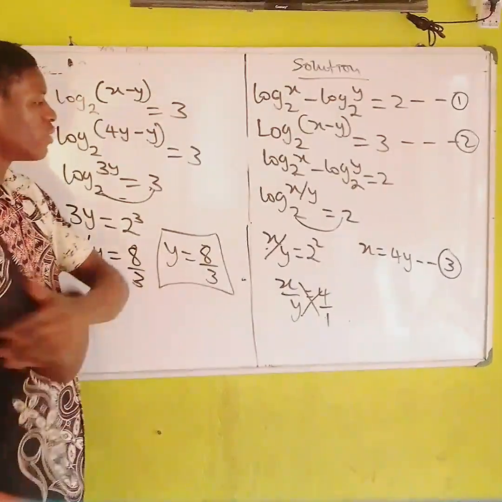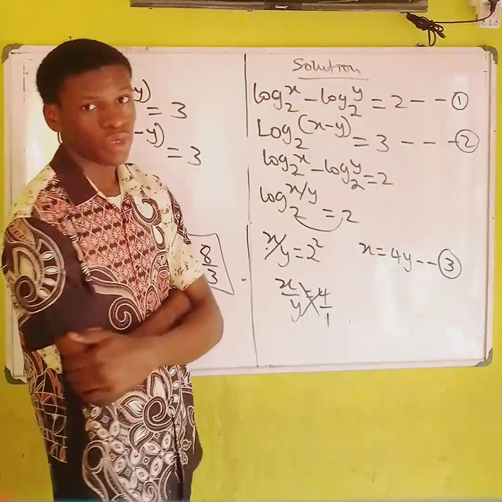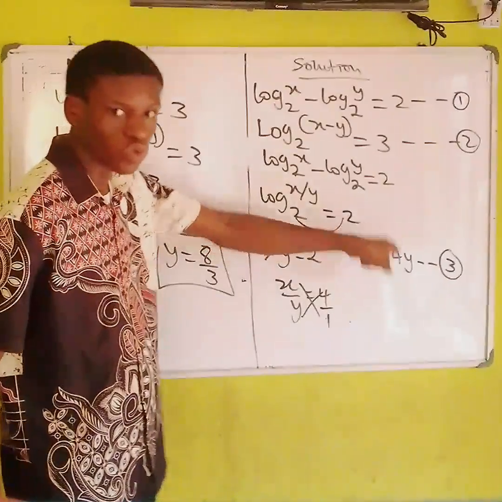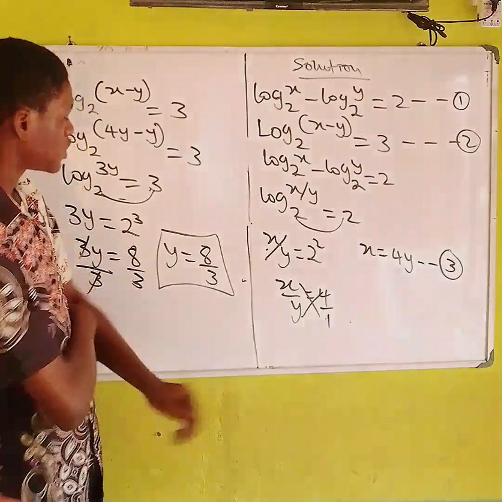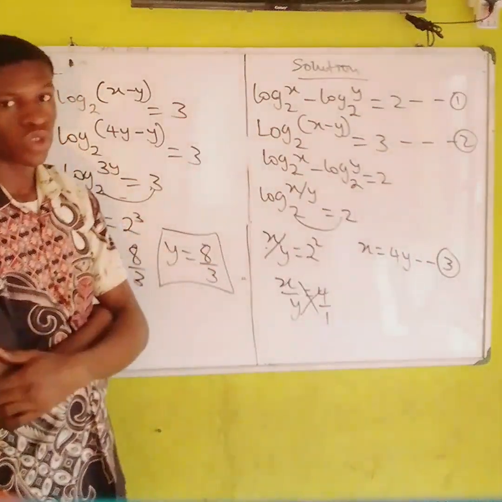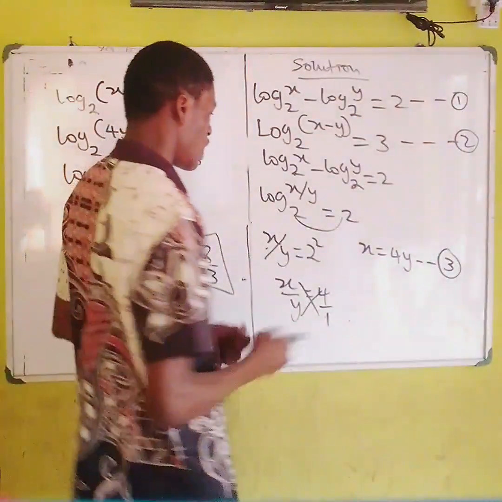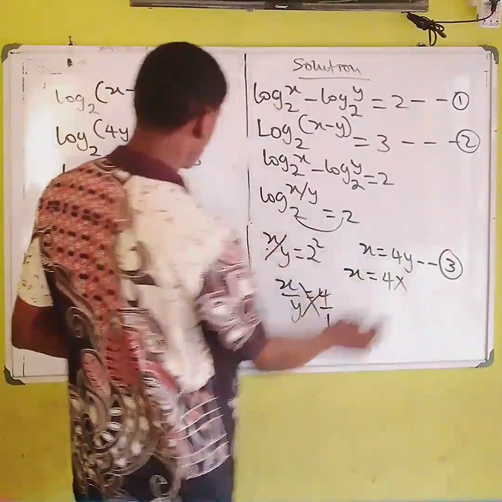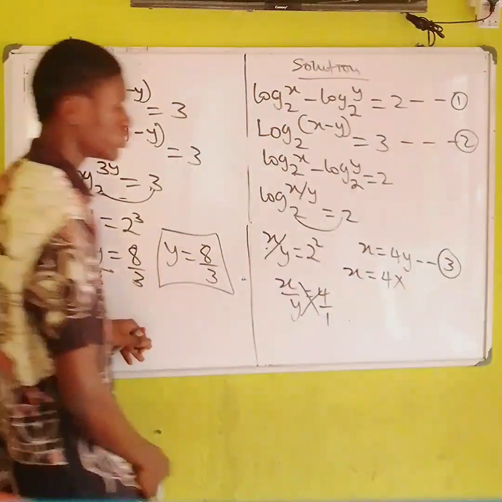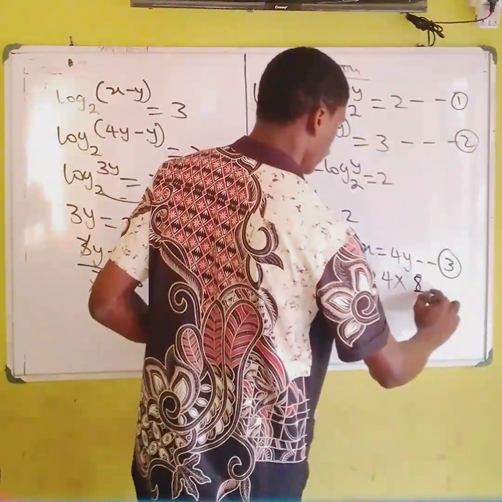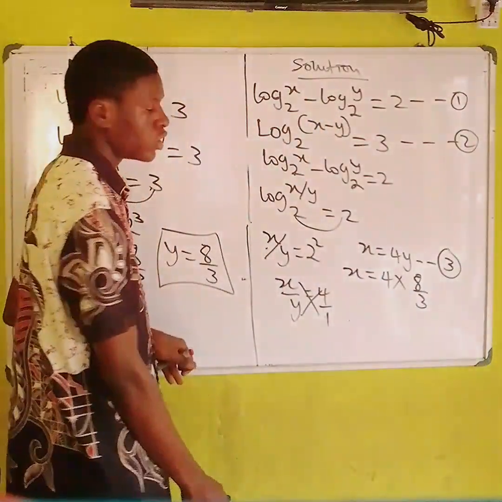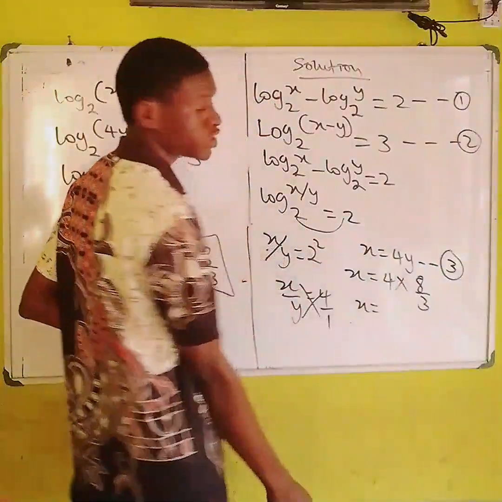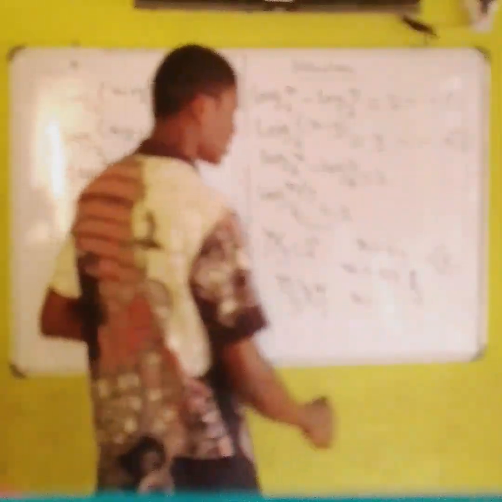And if y is 8 divided by 3, what will be x? I can substitute the value of y back into equation 3 to find x. I have that x is equal to 4 multiplied by 8 over 3. 4 times 8 is 32.